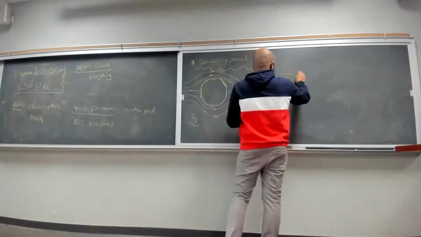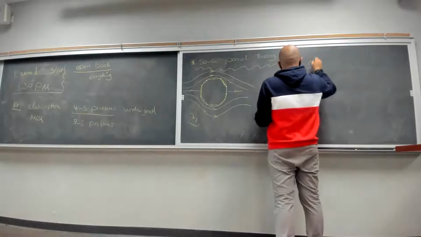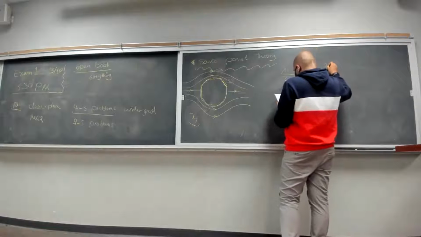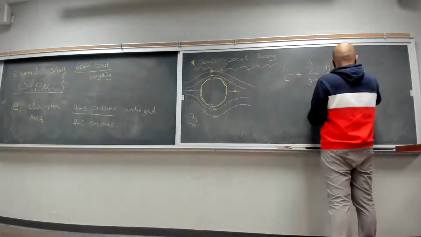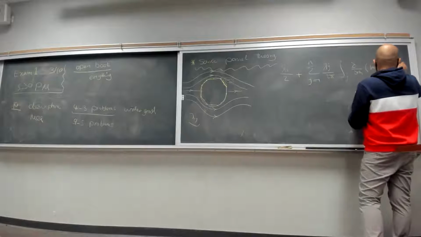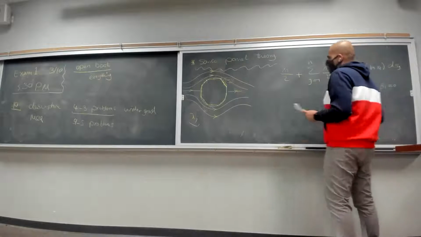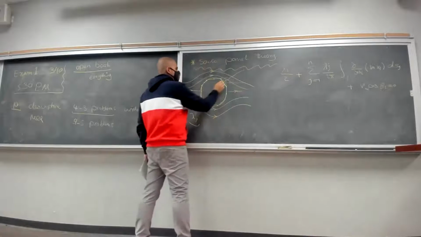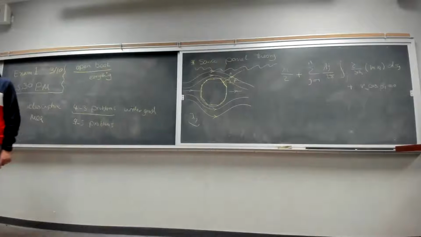Lambda_i divided by 2, lambda of a panel divided by 2, plus the sum over all the other panels that are inducing some velocity on the panel of interest: lambda_j over 2 pi, integral over that panel, partial derivative with respect to n of natural log of R_ij, ds_j, plus V infinity cosine of beta_i. And beta_i is the angle your normal vector to the panel makes with the flow direction. Okay, that was the idea.